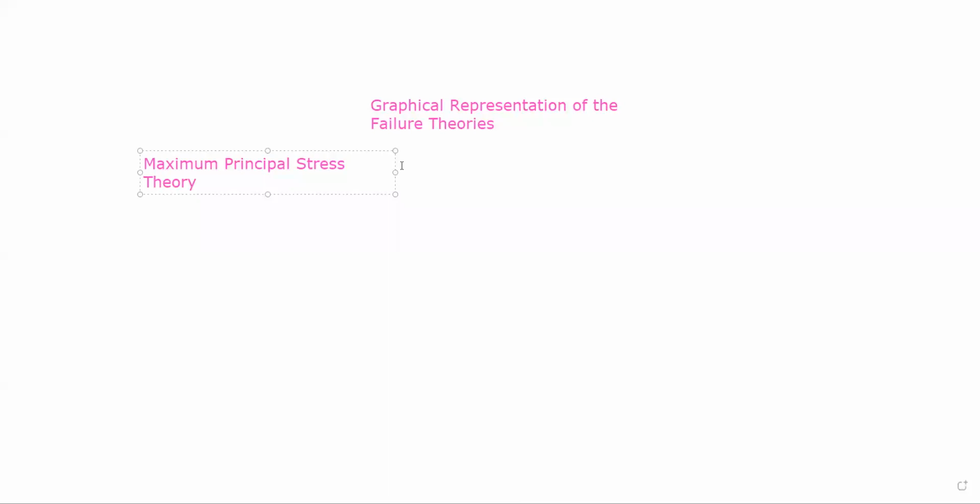So let's first of all understand what this theory graphically represents. The overall representation of this theory is very important for us. We know from the maximum principal stress theory that none of the principal stresses, sigma 1 should be equal to sigma y, or sigma 2 equal to sigma y.